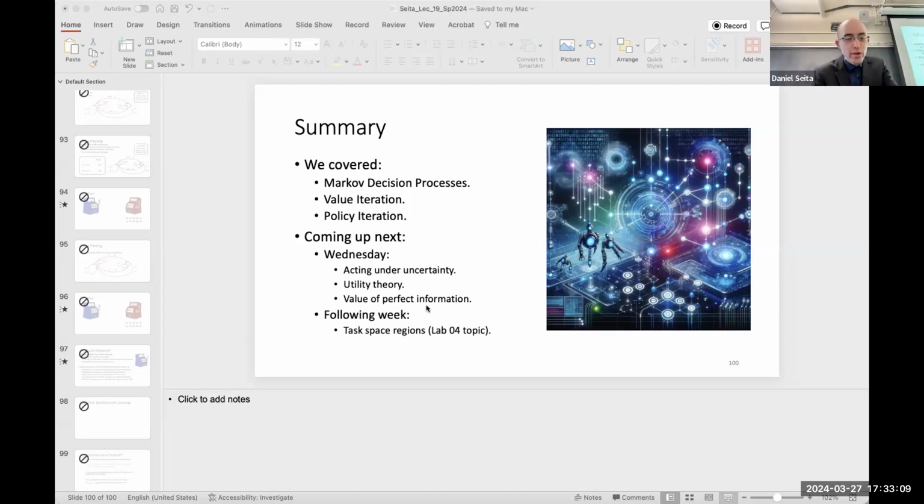The general rule is that if the parents of U are conditionally independent of V, given the current evidence, then the value of perfect information is 0.